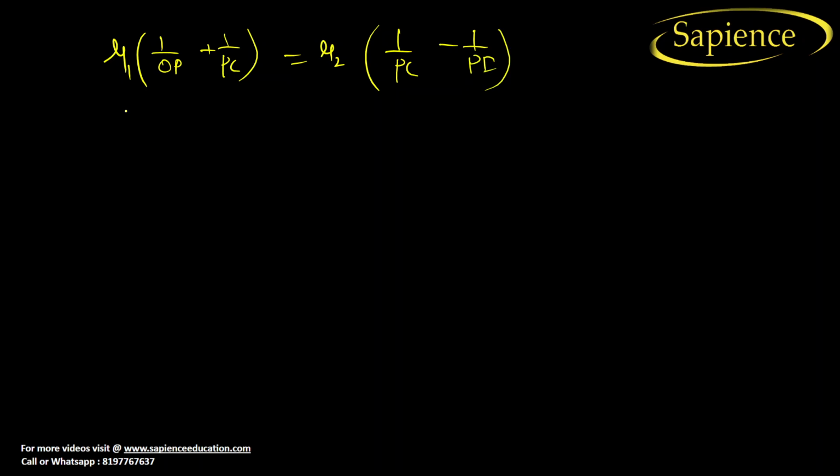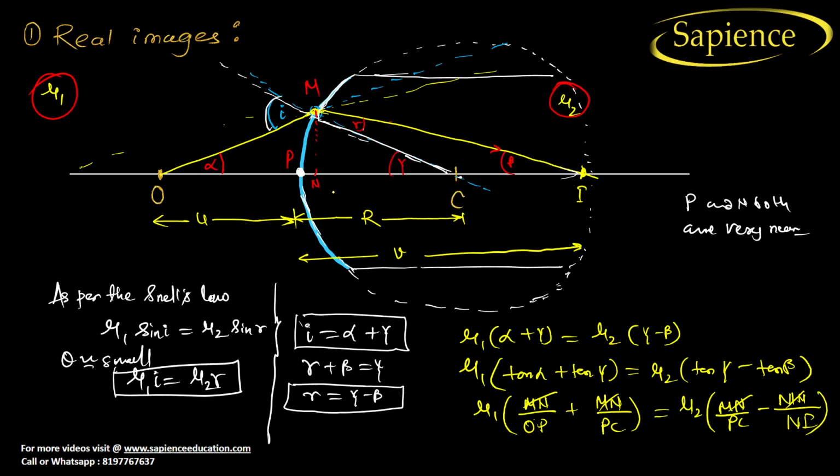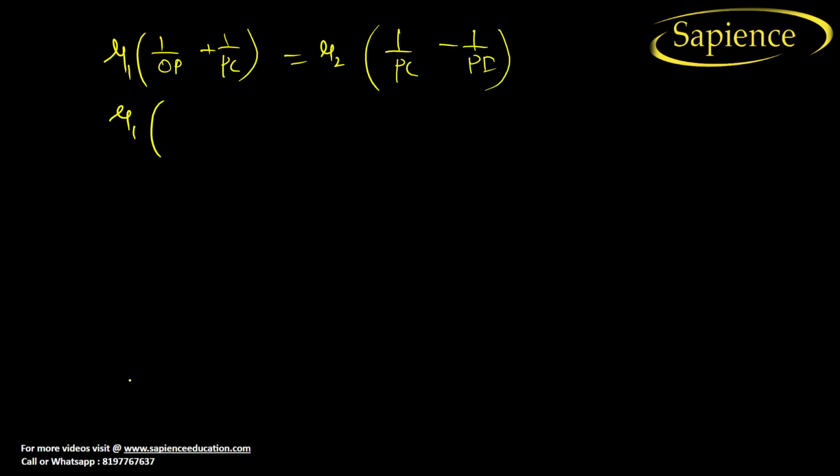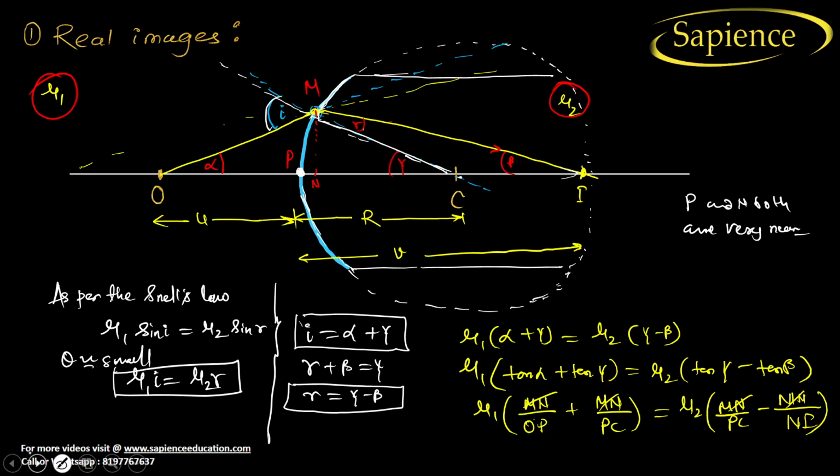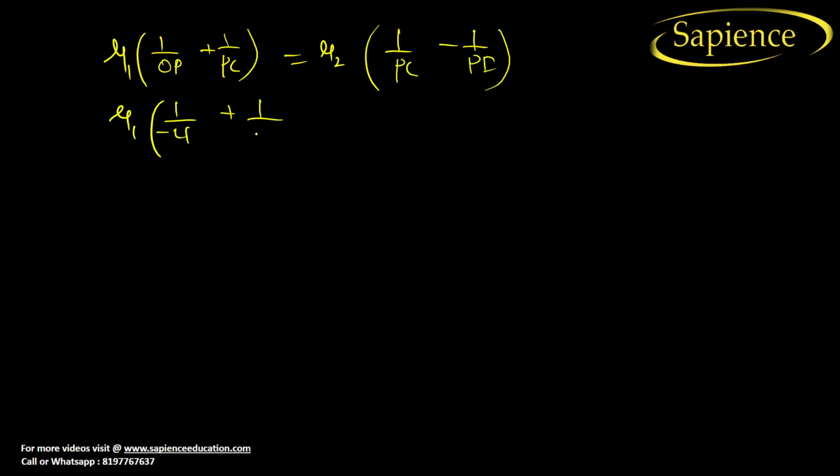Now just think about the values. OP means u, the object distance, so 1 by u will be negative, minus u. PC means R, which I have taken as positive.